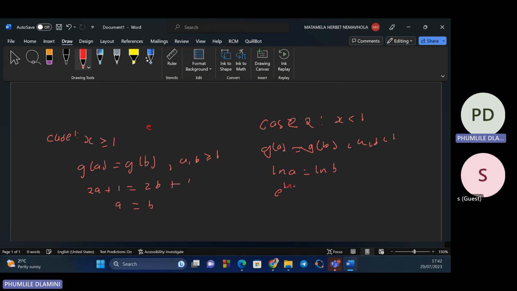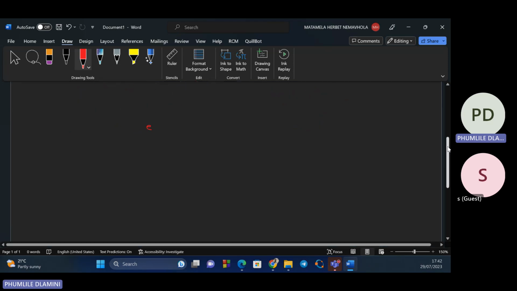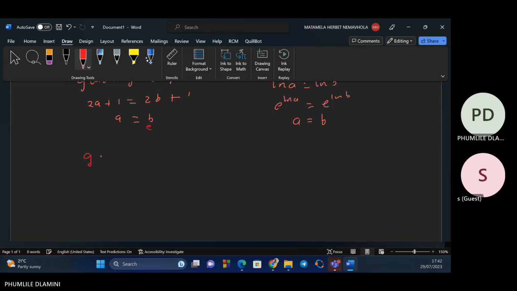Let me just write it: e to the power ln a equals e to the power ln b. Then you will see e to the power ln a gives us a, which is equal to b. So we have shown that a equals b. Therefore, g of x is injective. It's one-to-one, it's injective.